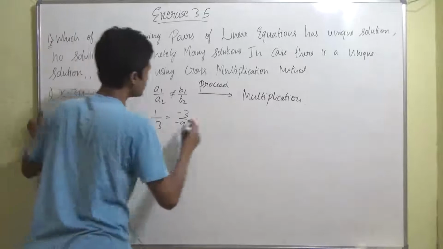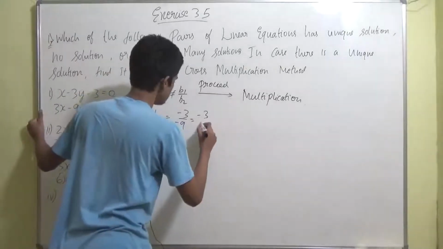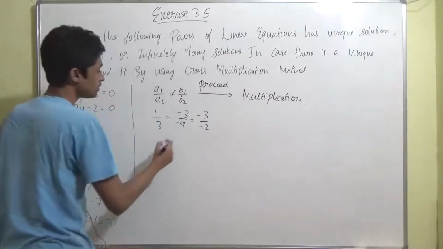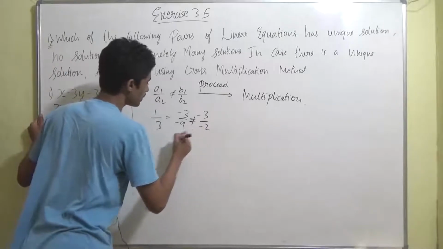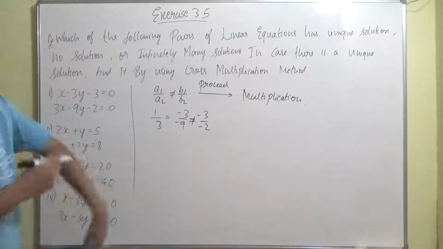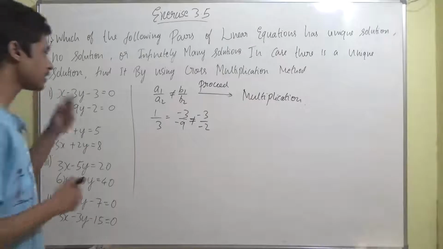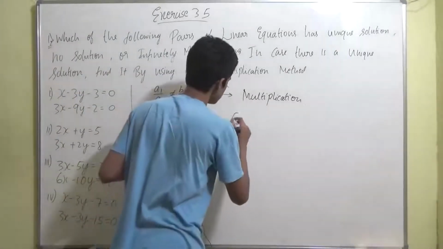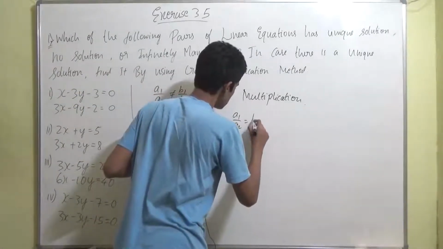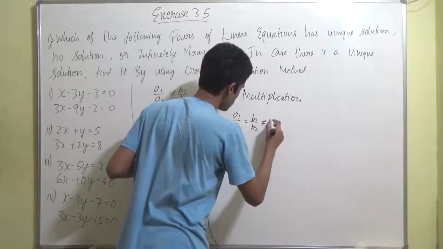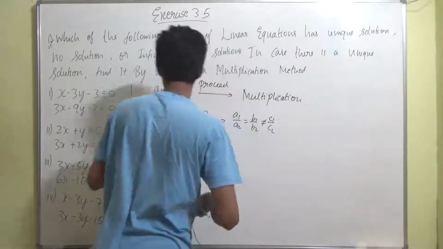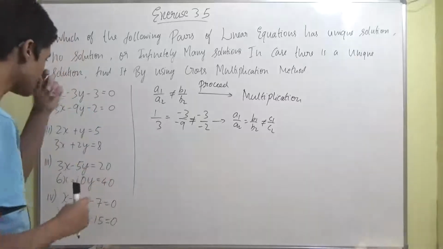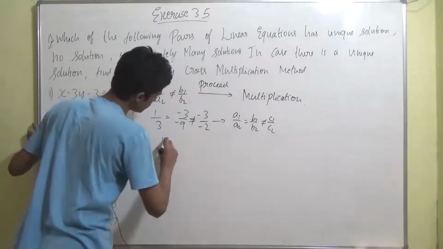Now if you see c1 by c2, it is minus 3 by minus 2, correct? This is actually not equal. a1 by a2 is equal to b1 by b2 but is not equal to c1 by c2, which means it's going to have no solution.